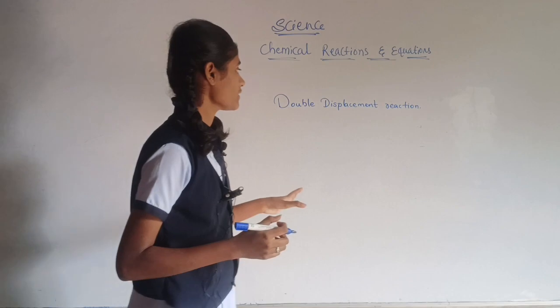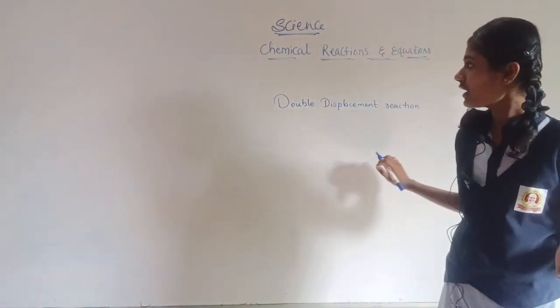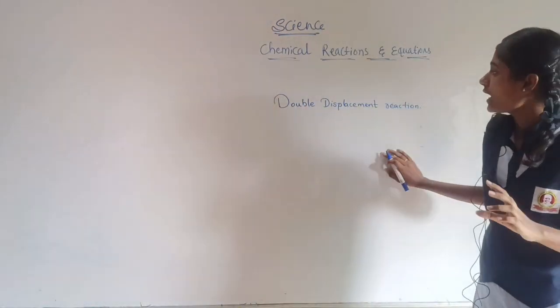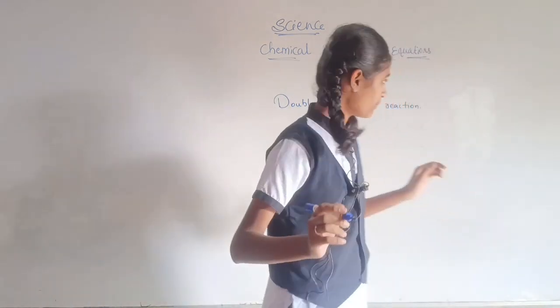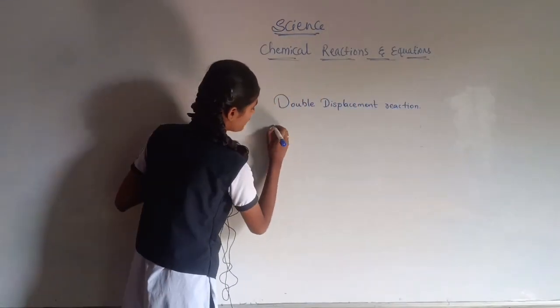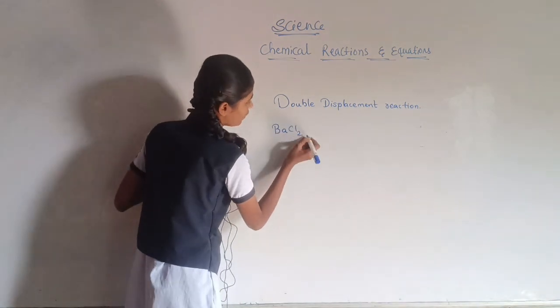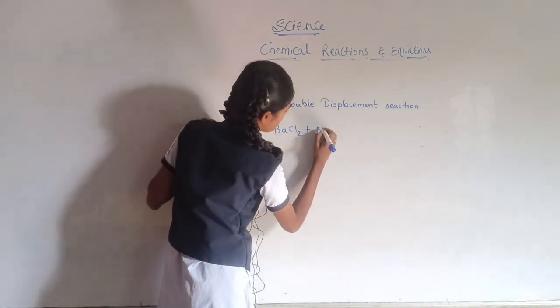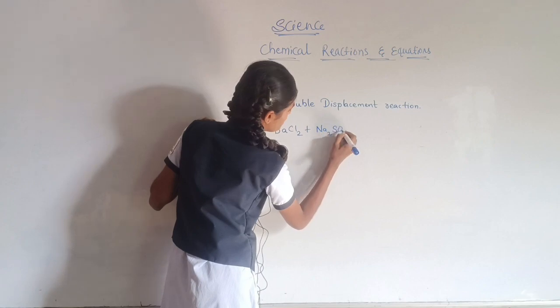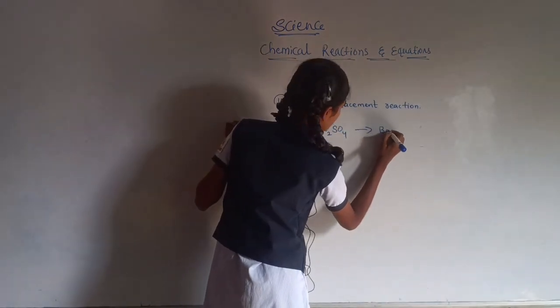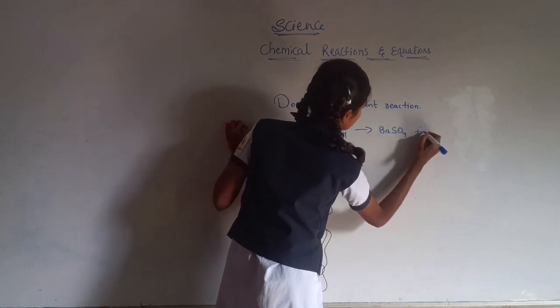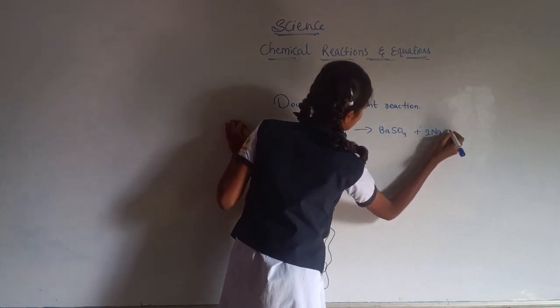It is a type of reaction in which two different types of ions are displaced by each other in the reactant molecules. For example, let's take barium chloride plus sodium sulfate, which gives barium sulfate and sodium chloride.